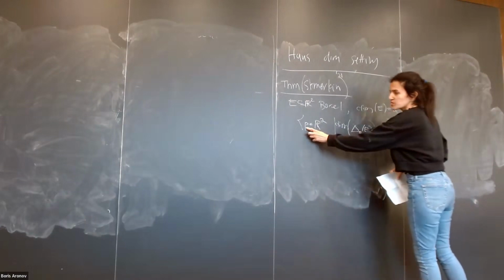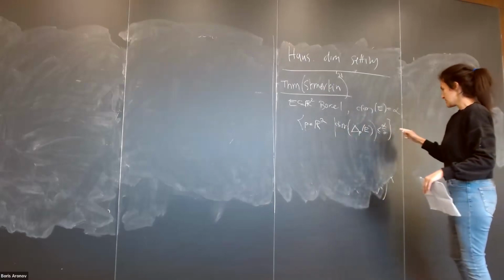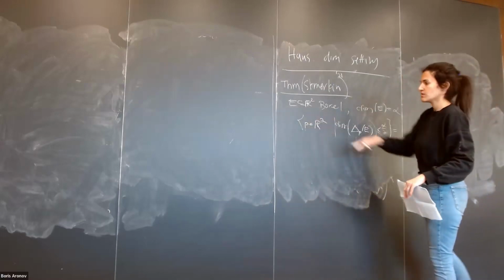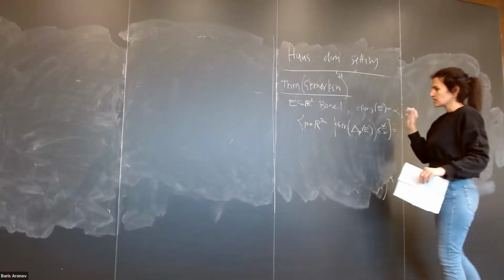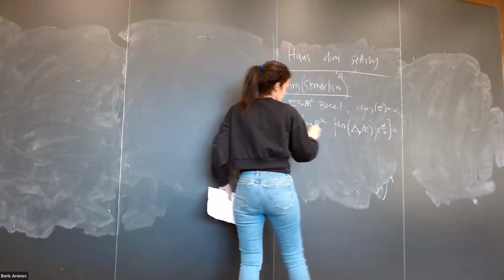We take this set of points P, and Schmerz proved that this set has dimension 0.